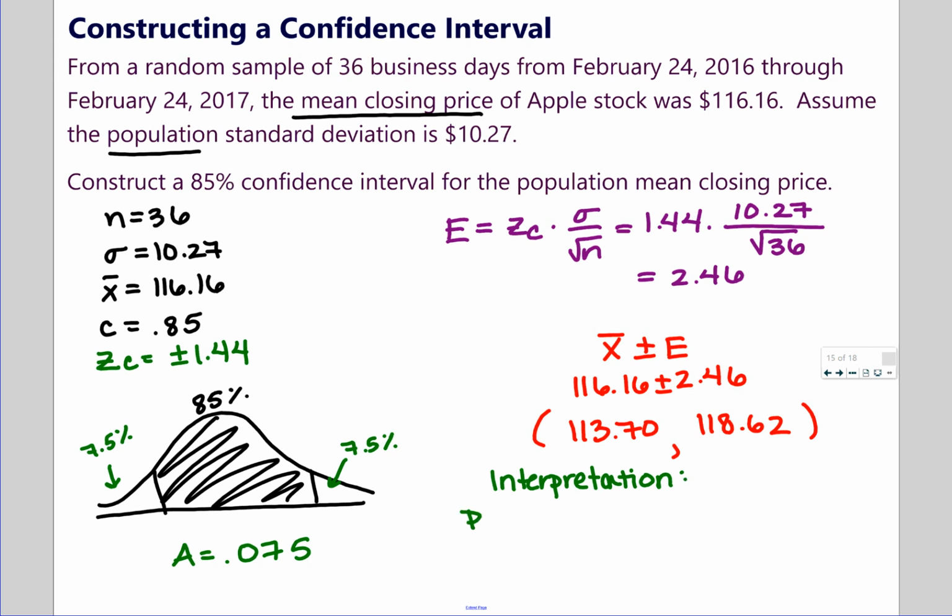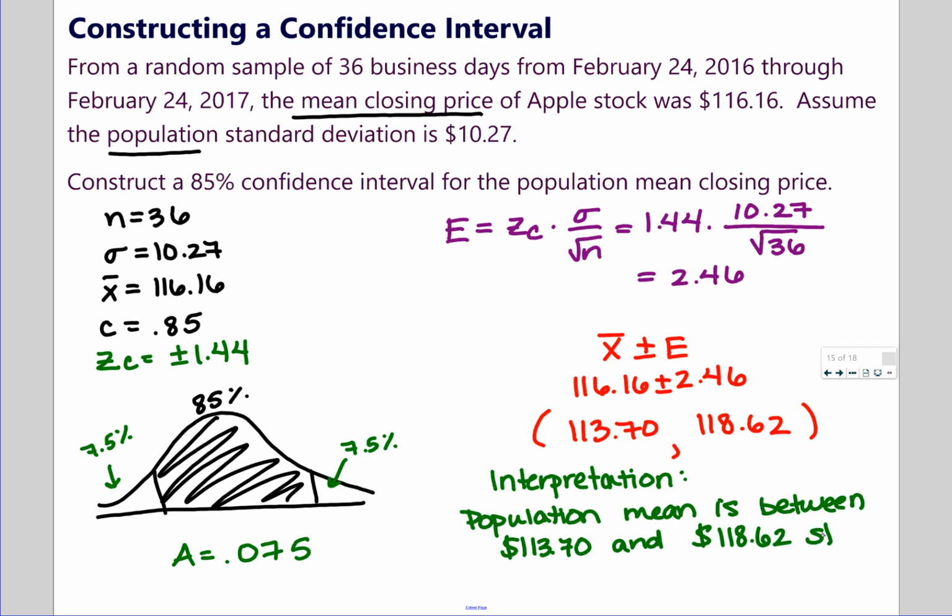So the interpretation is the population mean is between 113.70 and 118.62 for the stock closing price is what that represents, with 85% confidence, or you could say there's an 85% probability that the population mean is between those two values for the closing price over that period of time.